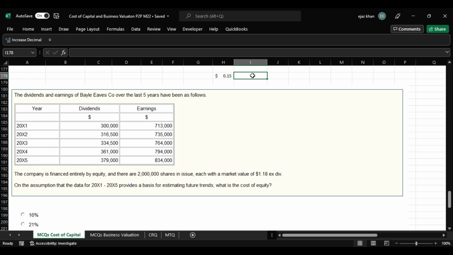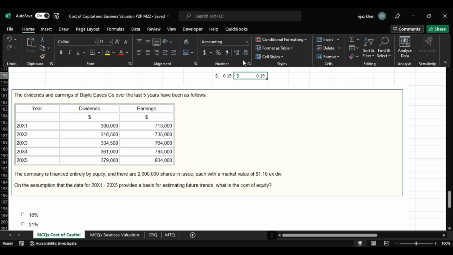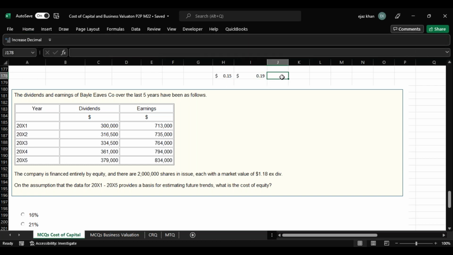And then it was 379,000 divided by 2 million, 0.1895. Again, it was in dollars. So from 0.15 to 0.19, it has grown at a certain rate.